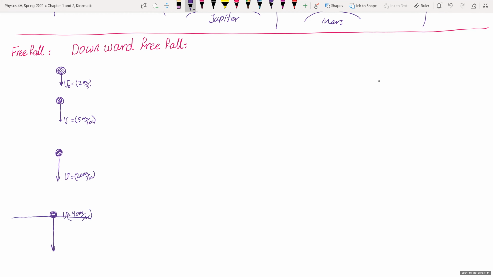Okay, these are just assumed numbers. Therefore, let's put this one V1 or VA, VB, VC, we can do it. So I see a change in speed. So we have gravity acceleration. So it is non-uniform motion.